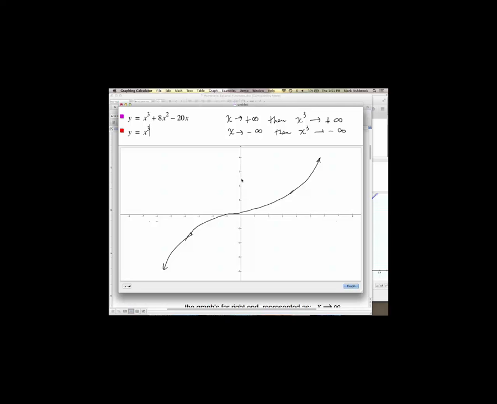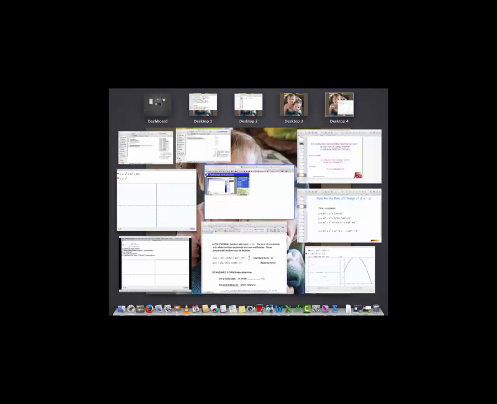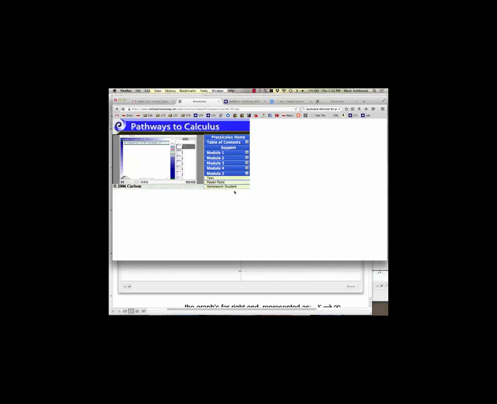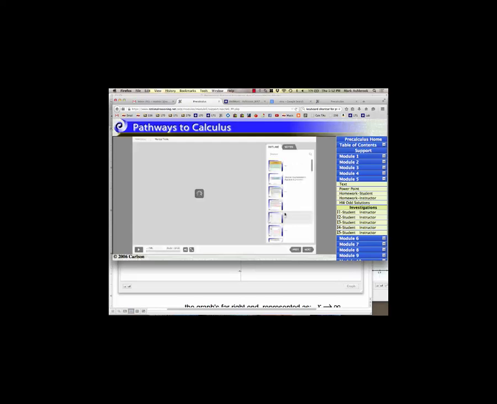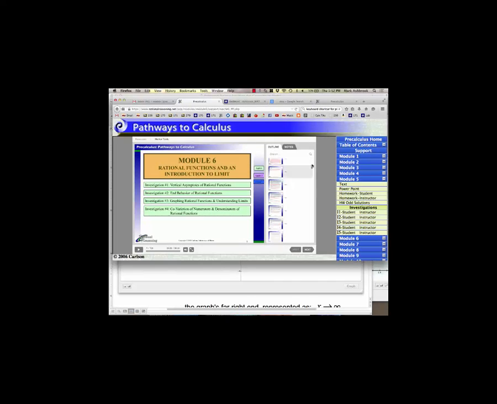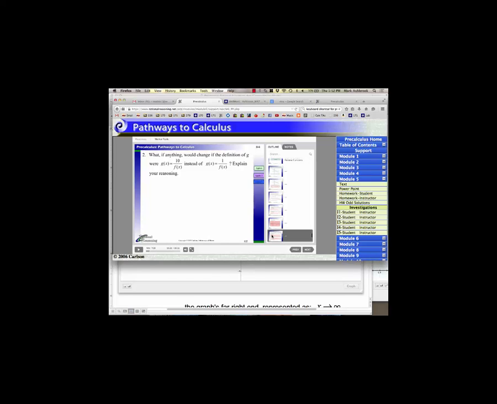So a couple practice problems are, I think they're in your book. Let's see here. It's the wrong module.